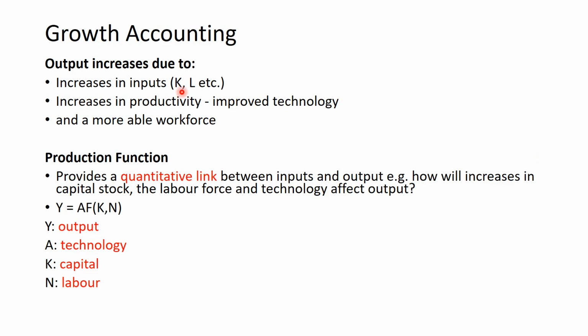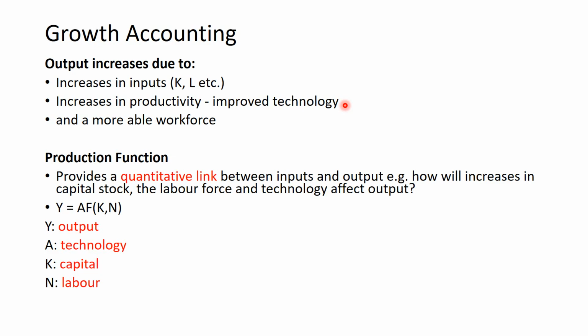Inputs could be things like capital, here denoted by an uppercase K, or labor, here denoted by an uppercase L, although you'll see later on that we actually switch and use N to denote labor. Okay? Increase your inputs, you will get more outputs. In addition, even if you don't have more inputs, it's possible to increase the amount of outputs by improving technology.